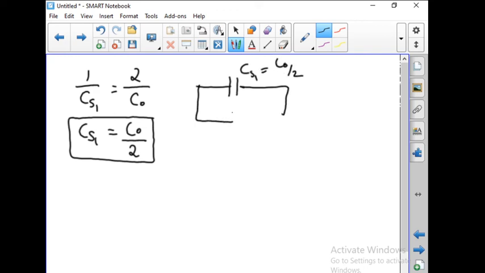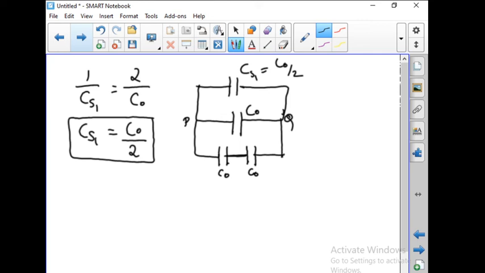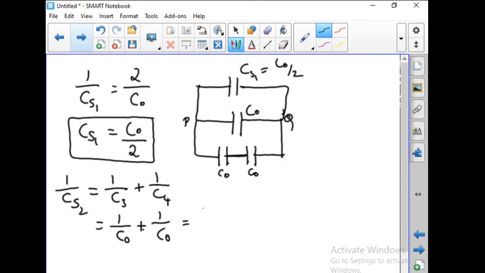The other combination is, this is C0. Now we have these two capacitors. So we have to calculate the capacitance of these two capacitors now. So it is written as 1 by CS2 is equal to 1 by C3 plus 1 by C4. 1 by C0 plus 1 by C0 is equal to 2 by C0.